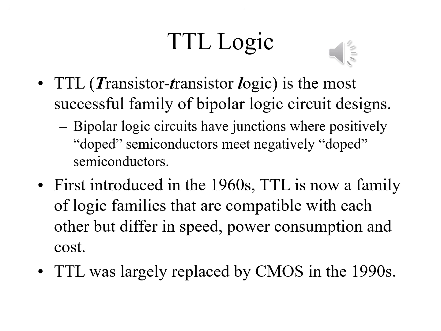This was first introduced in the 1960s and very quickly replaced vacuum tubes. Transistor-transistor logic is now a family of logic families that are compatible with each other but differ in speed, power consumption, and cost. This has largely been replaced by CMOS logic in the 1990s.